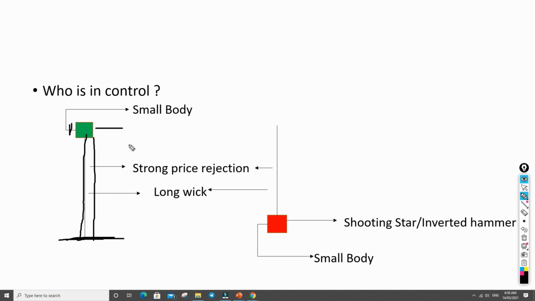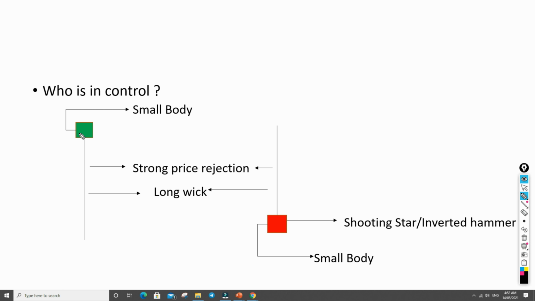Normally, the definition of a hammer is when the wick is 2 times the body. And in this candle, what we have understood is buyers in control. So buyers pushed the price up.